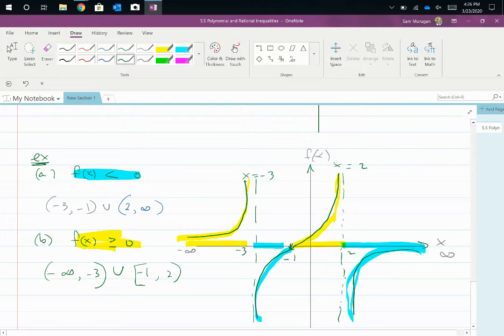So be careful with your signs here. Look at what's happening here with the signs. This is parenthesis, brackets, parenthesis, since x cannot equal -3 or +2. Okay, vertical asymptotes.